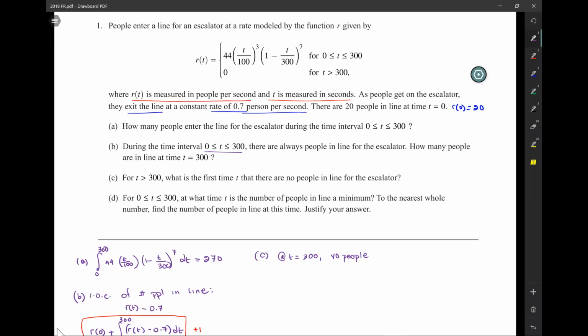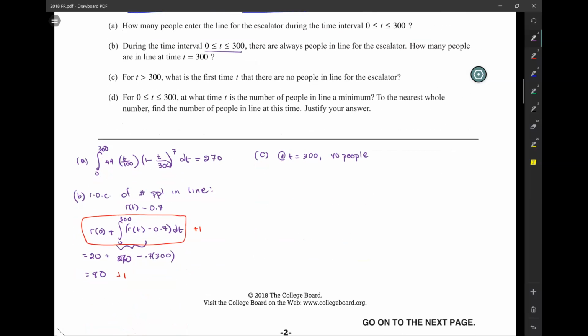The people are leaving at a rate of 0.7, and 80 people have to leave. So t is 300, because this is happening after 300, plus the time it's going to take for 80 people to leave at a rate of 0.7.